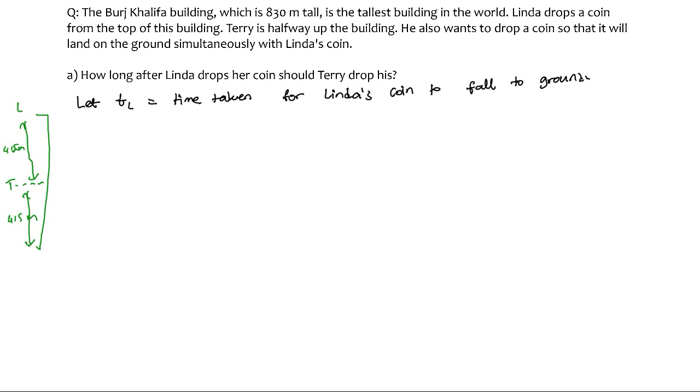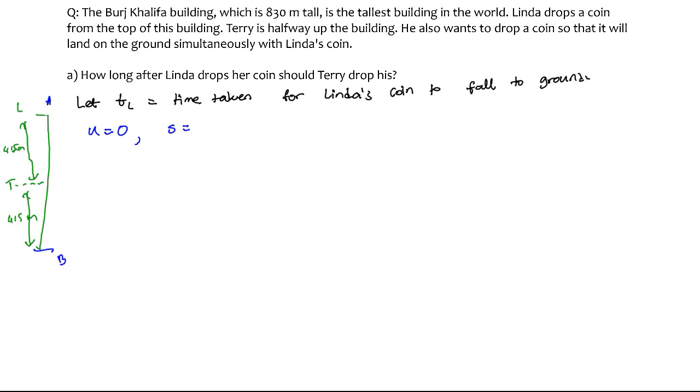Okay, so with Linda's coin, what are the quantities that we know? We know that Linda is dropping it, so the initial velocity is 0. We know that by the time it reaches the ground, because I'm considering the motion from the point where Linda drops it, that's on the top of the building, this point to this point. So I know the displacement by the end of this motion is 830 meters.